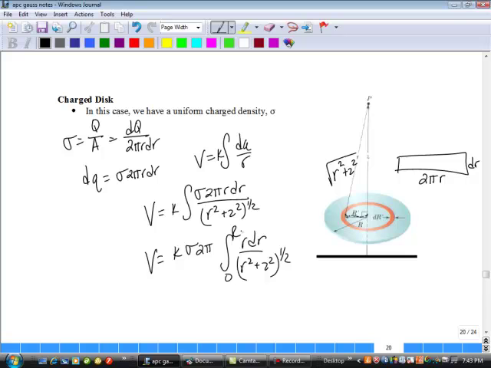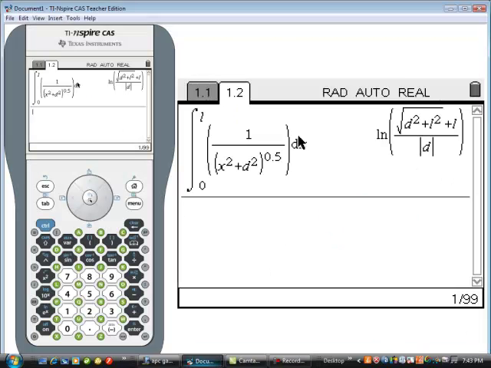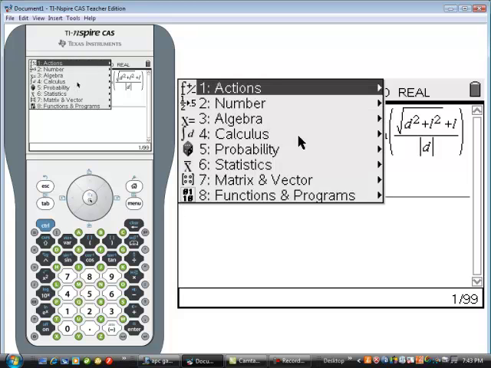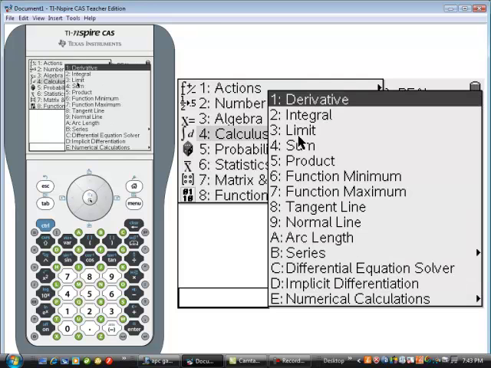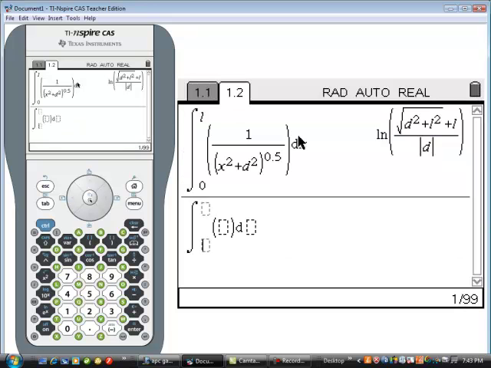I'm going to change that when I put it in my calculator because the calculator is not going to recognize little r and capital R. So when I'm using the calculator, I'm going to use L. Don't freak out when you see that, but that is what we're doing on that one. And so when I pull it over to my calculator, again, we're going to integrate this. I will go back to my menu, we will do some calculus, and we're going to integrate that.